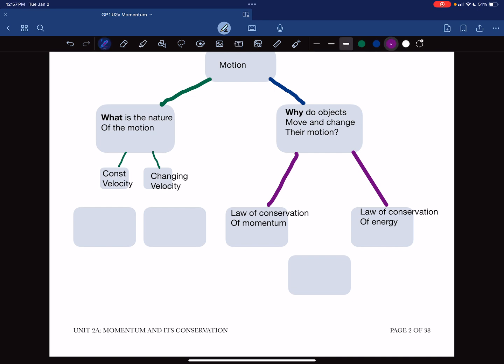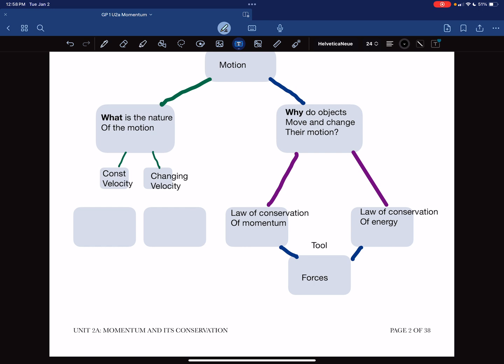Now, there is a related idea, and that related idea is the idea of forces. Now, people talk about forces an awful lot, but it turns out in the universe, there's no real laws around forces. Forces can be used to explain what's going on with momentum or explain what's going on with conservation of energy. In fact, we might even say that forces are a made-up concept that is used as a tool to help explain the details of what's going on with the law of conservation of energy.